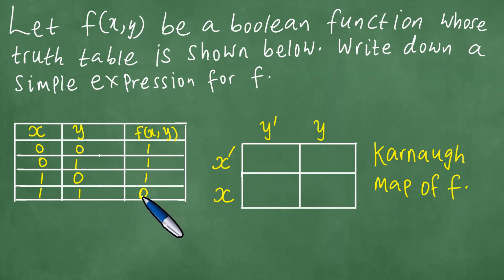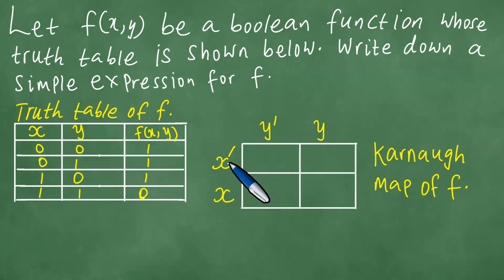At this point, the truth table of f has been given: 0, 0, 1, 0, 1, 1, 1, 0, 1, 1, 1, 0. Okay, the truth table has been given.